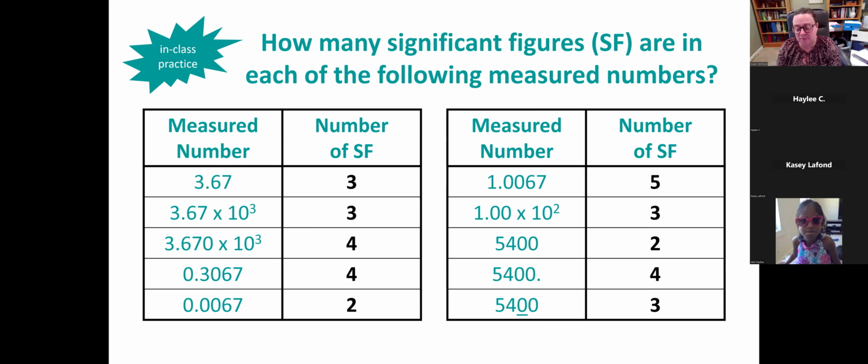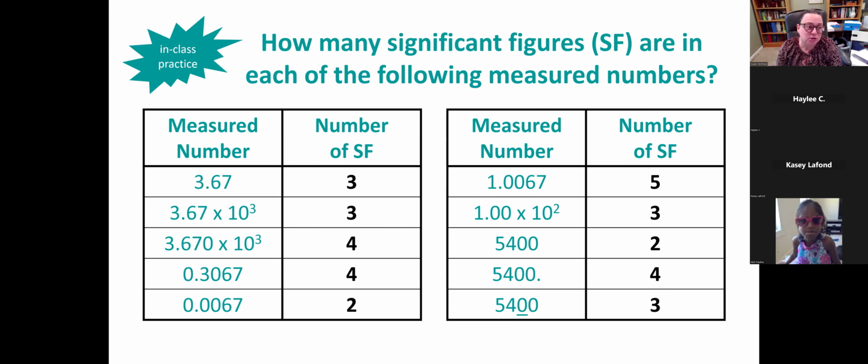So we have that example at the bottom there, the very last one in the rightmost column. We can underline the zero that is significant and leave alone the zero that is not significant in that number. Or we could put it in scientific notation, and then it's much clearer if we wrote that as 5.40 times 10 to the third.